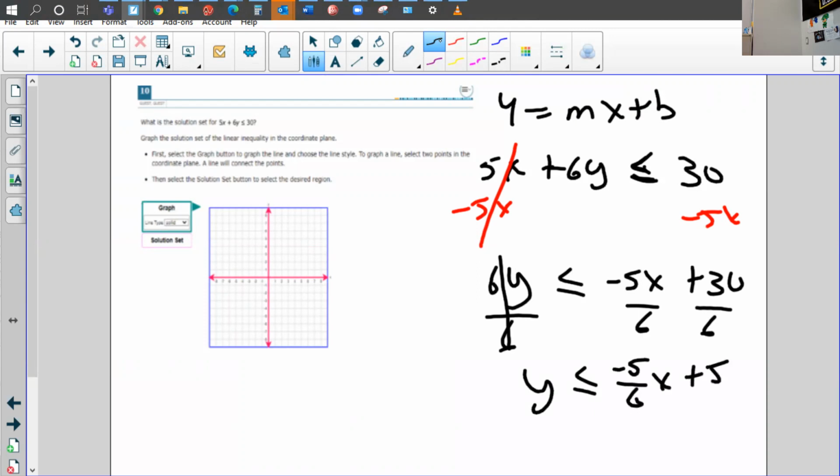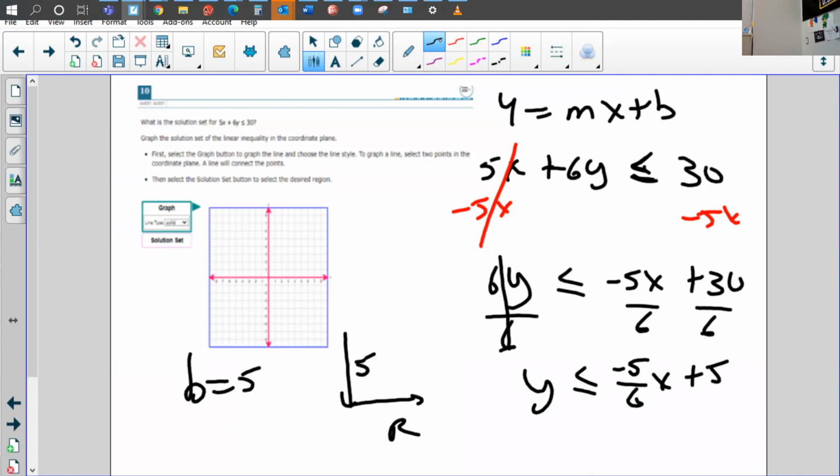So my starting point b is 5. That's my starting point. And my rise over run is I'm going to go down 5 and to the right 6. All right, let's do that. So down 5, to the right 6.